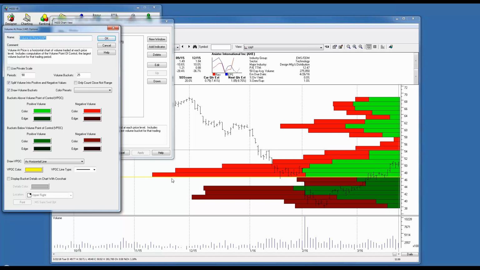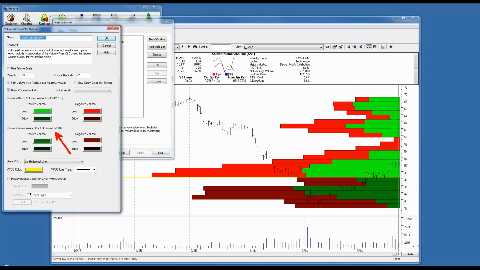The lowest point on that bucket is defined as the volume point of control. And any buckets above that point are drawn in the buckets above the volume point of control color, and any buckets below that point are drawn in this below color. So, and this is why, in this case, you can see that there's a shading difference.